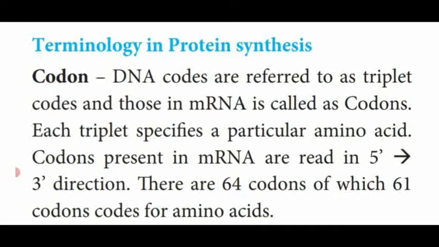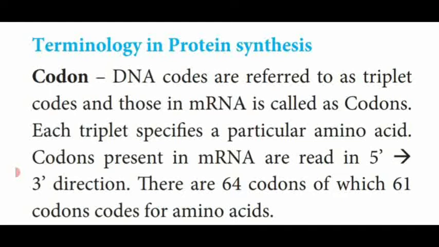Adenine always combines with thymine, that is A equal to T, and cytosine combines with guanine, that is C to G. These nitrogenous bases are arranged in threes, which is said to be triplet codes, and on the mRNA strand they are called codons. This codon is also an important 2-mark question.